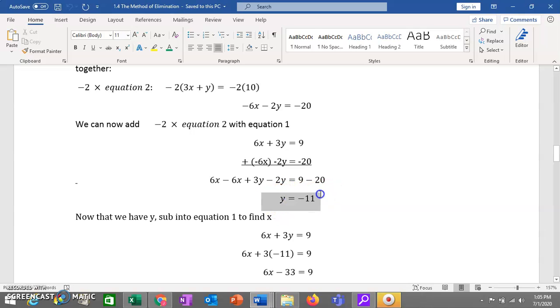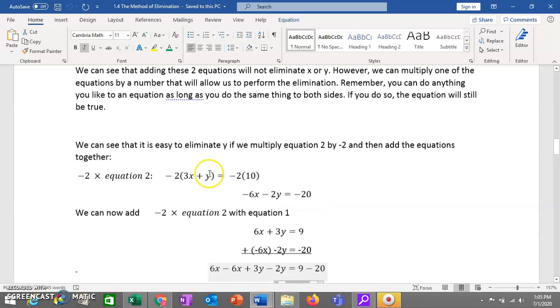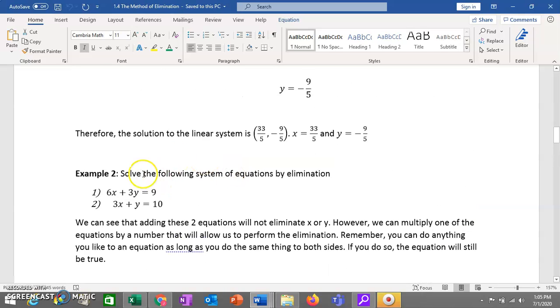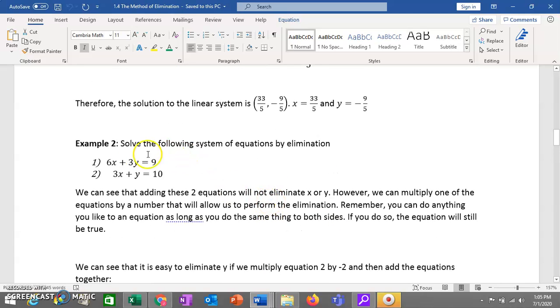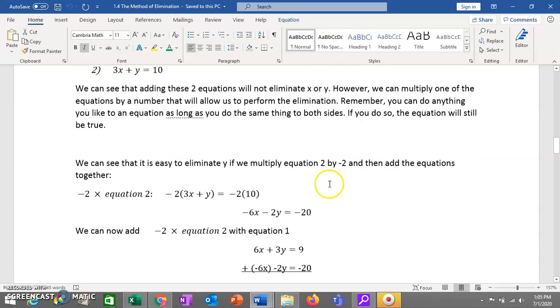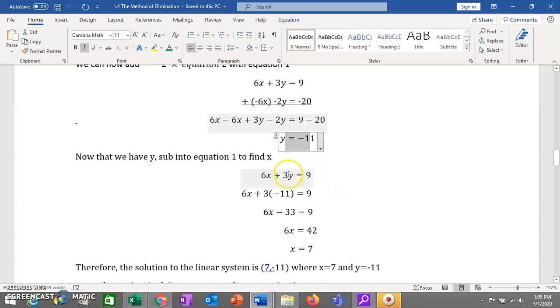So now you've done elimination, and you're going back to the same thing that we did in the substitution lesson. Once you have one of your variables, x or y, you take it and you plug it into one of the equations that we have here. So I have y equals negative 11. I'm going to sub that into the first equation. Probably it would have been easier for me to sub it into the second equation, but whatever, it doesn't matter. So I have 6x plus 3y equals 9, so that's one of my original equations.